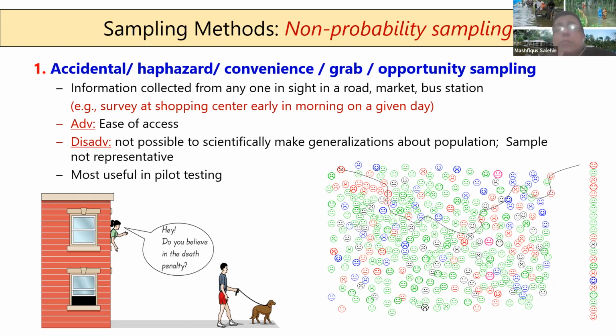For example, this kind of sampling may not be very useful for your water security studies, but maybe very useful for pilot testing of your questionnaire, right? You are doing some conventional questionnaire survey.